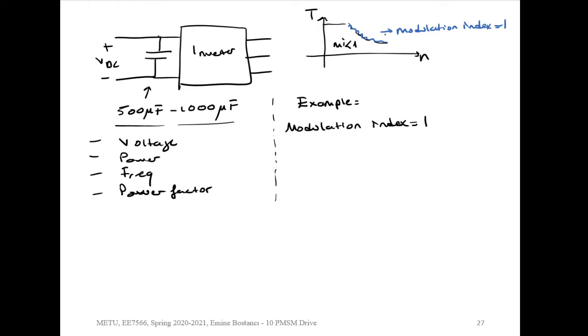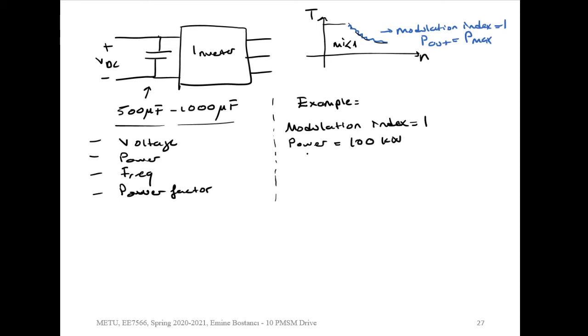And at the limit operation, we also know that P out is going to be P max. So I have just chosen it. Assume that the modulation index is 1. Power is going to be P max, let's assume 1000 kilowatts.